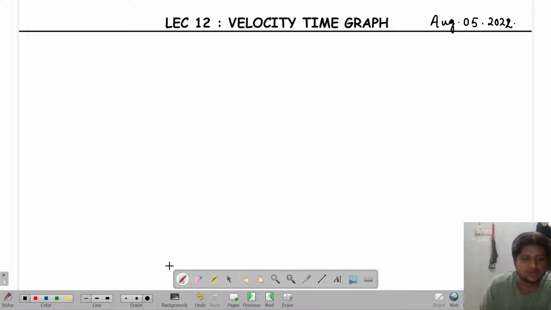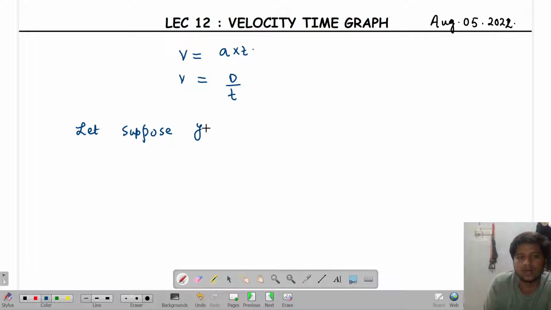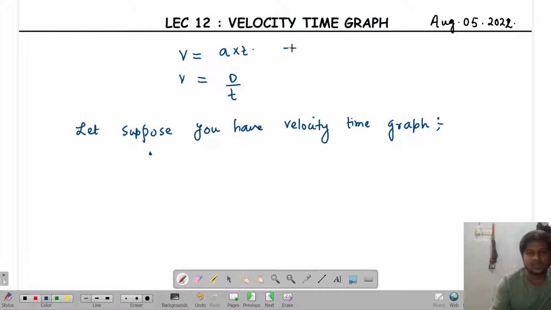Now look over here. 2 to 3 formulas I gave. First, velocity is equal to acceleration into time t. Velocity is also equal to displacement by time. So if you have a velocity time graph, remember the first important thing: I can write acceleration is equal to v by t, and displacement is equal to velocity into time.